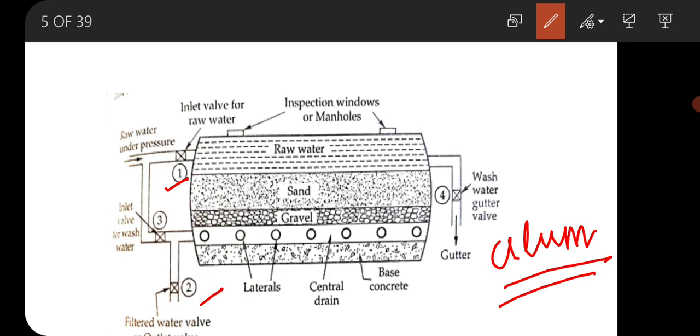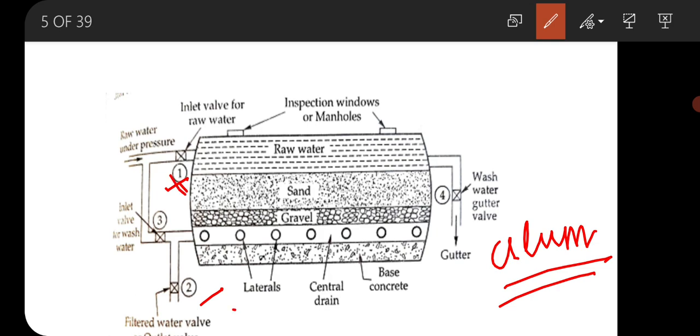Then next we will discuss about the cleaning operation of pressure filter. So cleaning of this type of filter is carried out by backwashing, as is done in case of a normal rapid gravity filter. Here also compressed air may be used in order to agitate the sand grains. So during cleaning, the inlet and outlet valve, that is valve 1 and 2, are closed.